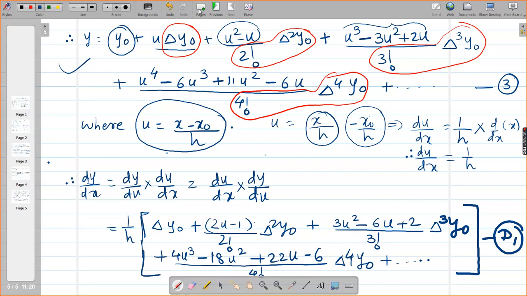So you can put a note. Finished writing this? This is the first derivative formula, dy upon dx. पहला डेरिवेटिव है ये. So directly आपको ये फॉर्मूला यूज करना है.